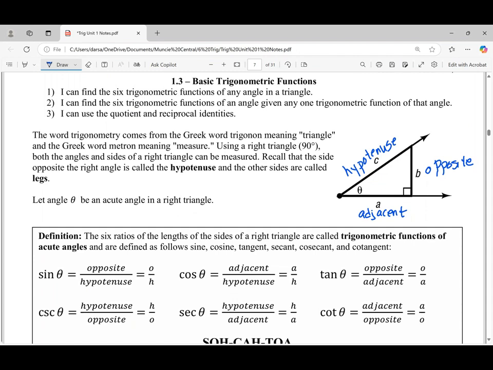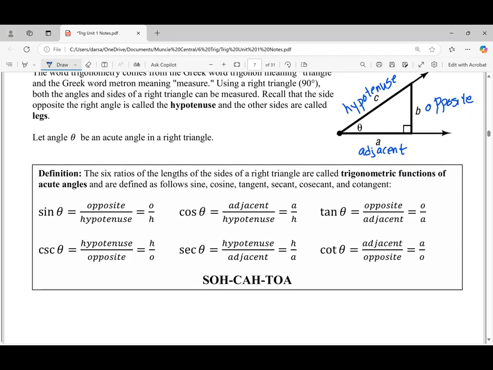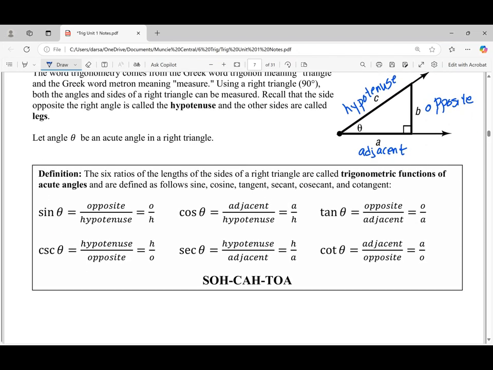So every triangle, if we look at one of the two acute angles, is made up of a hypotenuse, an adjacent side, and an opposite side. Those three sides can then be put together to create our 6 trigonometric functions. So let's define those 6 trigonometric functions now.